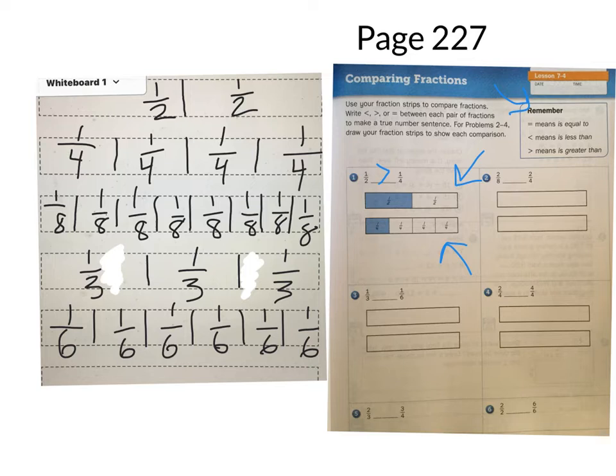I'm going to get you started on number 2 as well. So number 2 is using eighths and fourths. So over here, we can use this guy to help us with eighths and this one to help us with fourths. So I always go ahead and start by dividing it in half first.